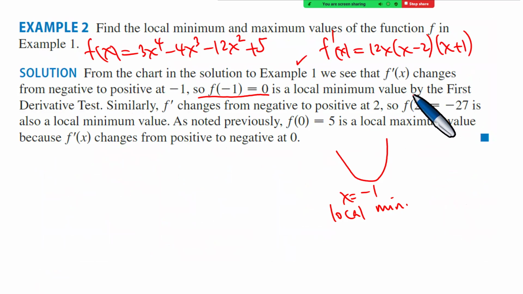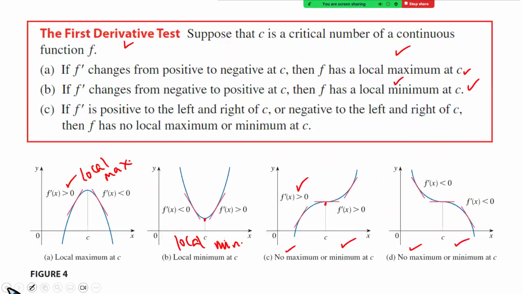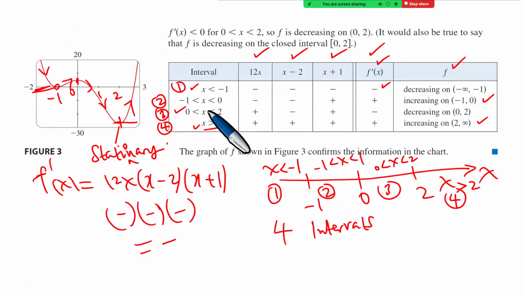Next, by the first derivative test, similarly, let's check another part of the graph here. Where else? At 0, positive then negative.